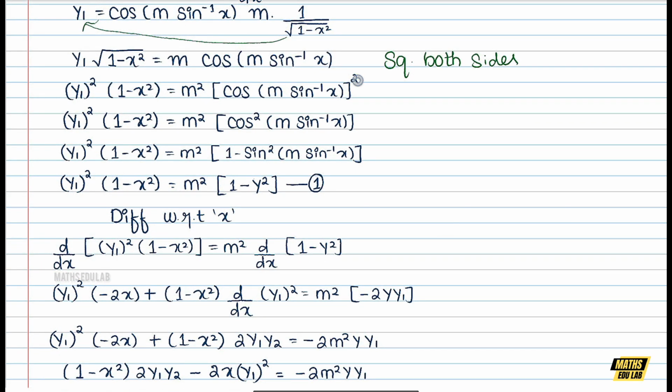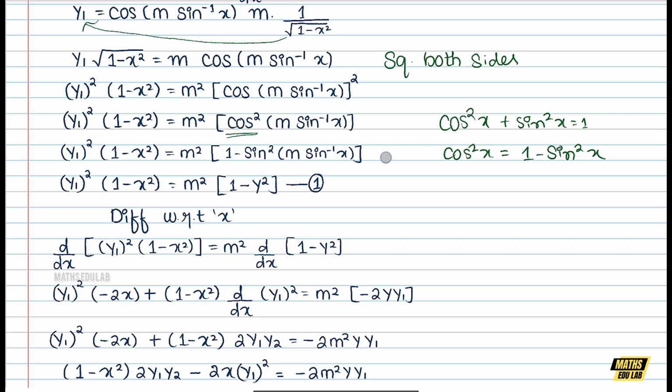Then this square gets multiplied here and we know cos square x plus sine square x is equal to 1. So here the same formula is applied: cos square x is equal to 1 minus sine square x. So for cos square I have written 1 minus sine square m sine inverse x.